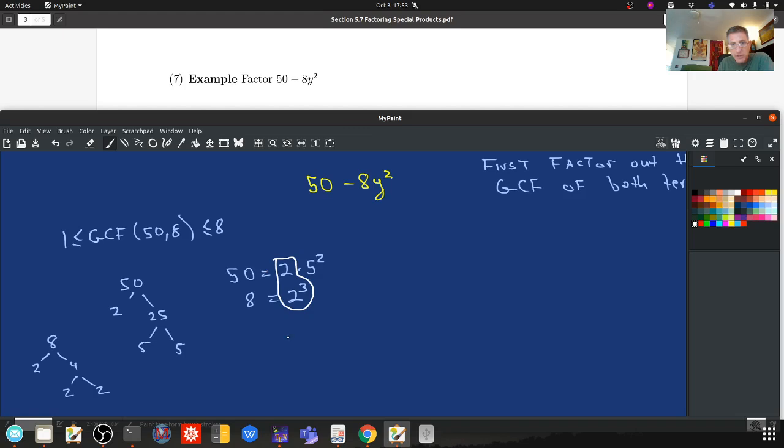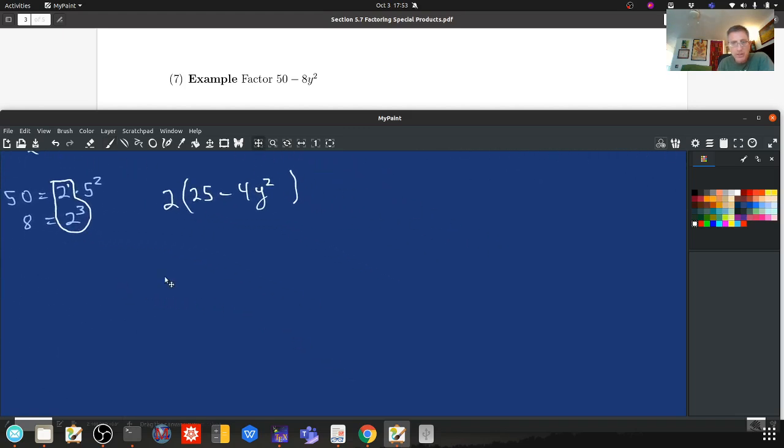And of those 2's, we take the 2 with the smallest exponent. And that's this one right there. It has an exponent of 1. So let's factor out a 2. So 50 divided by 2 is 25. And minus 8y squared divided by 2 is minus 4y squared.